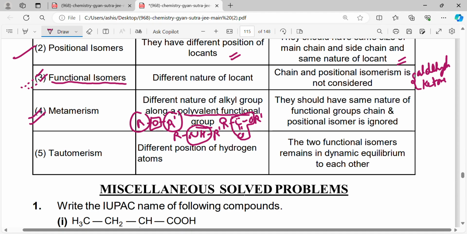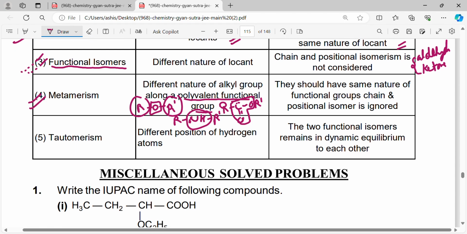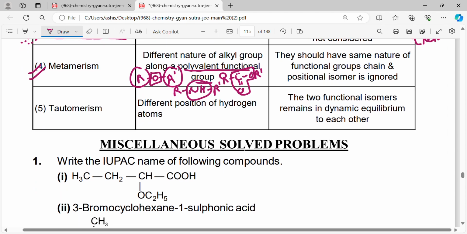So metamerism is also of two types, functional metamerism and positional metamerism, where the position is different. Then chain metamerism, if the chain of the alkyl group is different. For tautomerism, like keto-enol tautomerism, that is the best example of tautomerism.